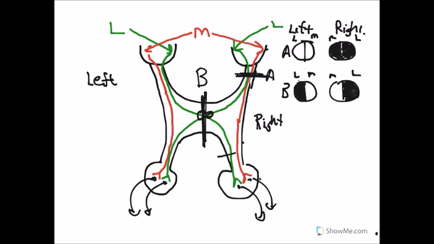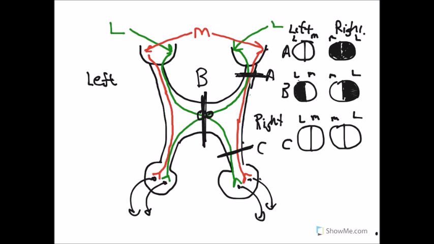Let's also take a lesion here. Let's do a lesion here, lesion C. And if we were to look at damage to the nerves here, lateral, medial, medial, lateral, we will see something very interesting.